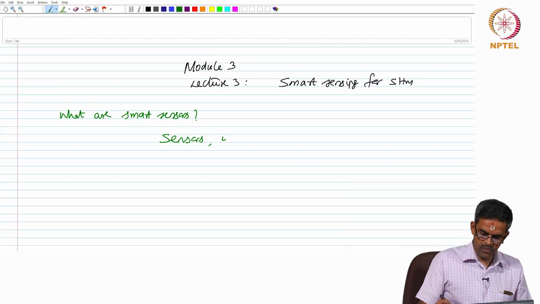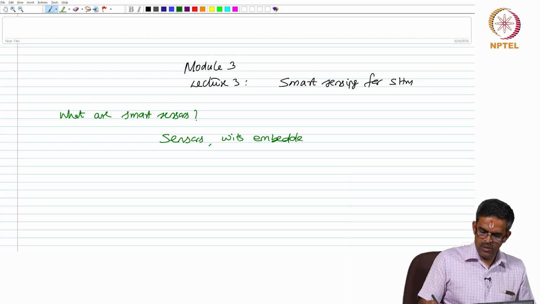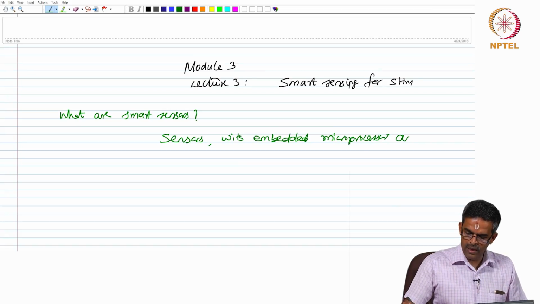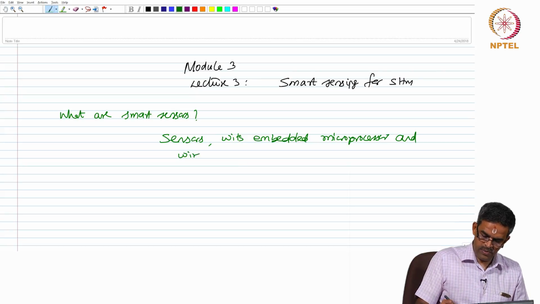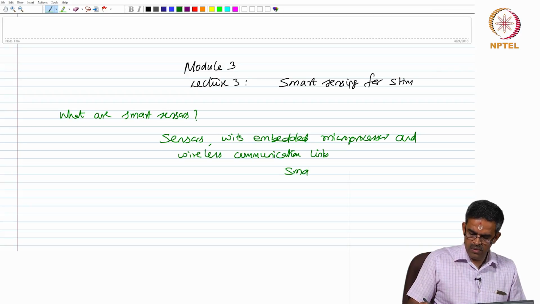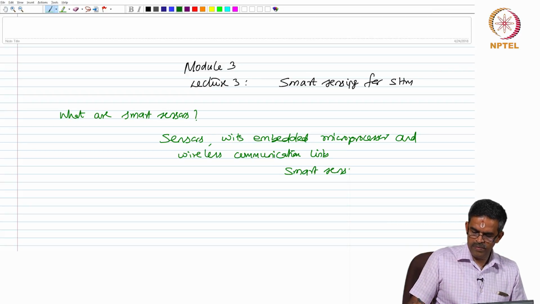Sensors with embedded microprocessors and wireless communication links are called smart sensors.